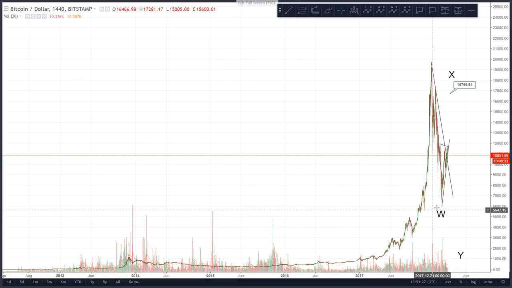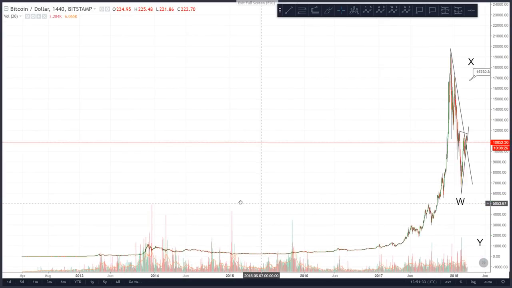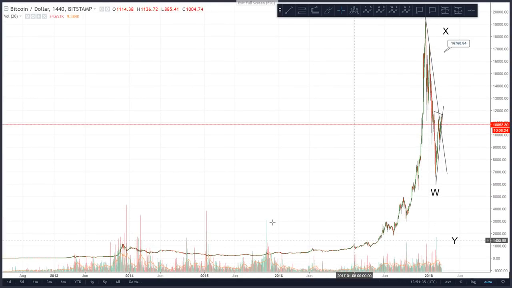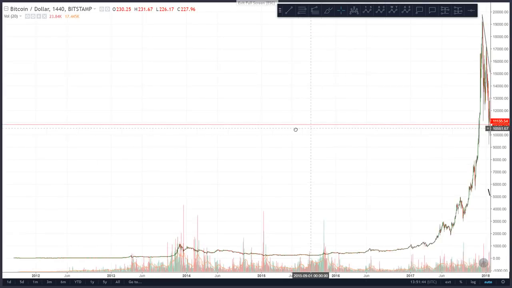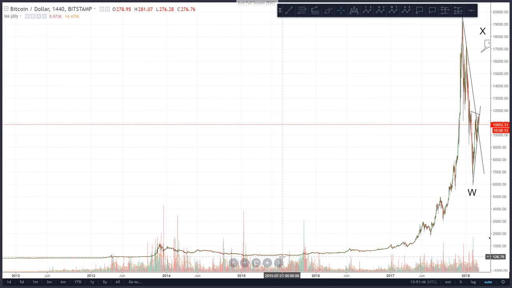Obviously, the reason I said this was going to come down further was because my primary count was that, if we click auto, this was wave 1, this was wave 3. So wave 1, 2, 3, 4 came down here, and then 5 here.